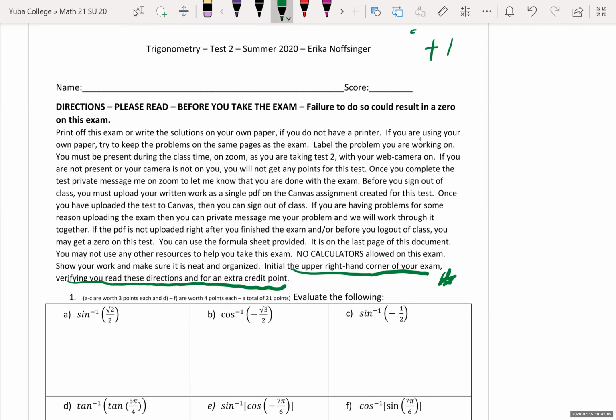If we did it as PDF form, though, we wouldn't be able to initial it, right? Excuse me? You should have been taking the test not in a PDF. You should have been taking the test on a piece of paper and then uploading it.